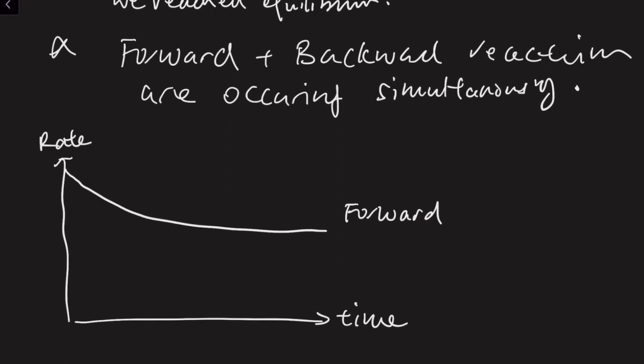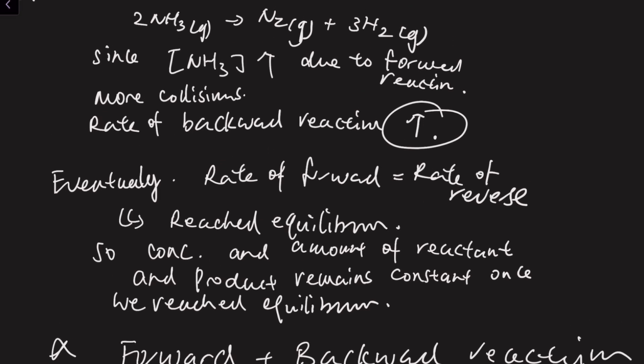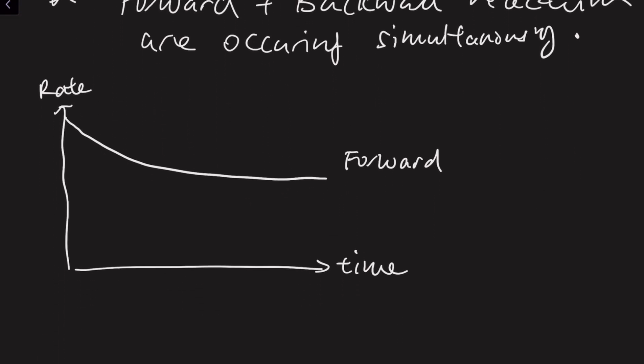And as we are forming more products, we have more frequent collision between products. And so the rate of reverse or backward reaction increases. Note that this starts from zero, because at the start we do not have any product in our system.